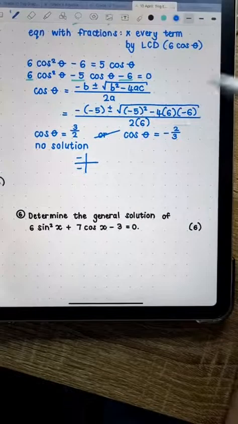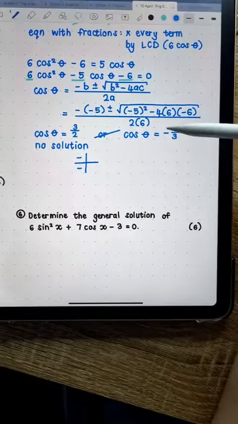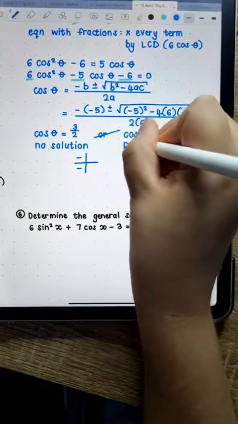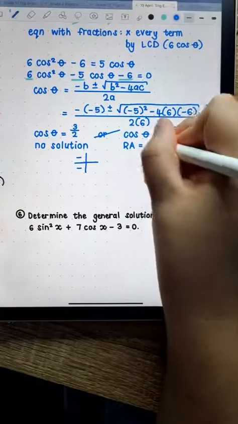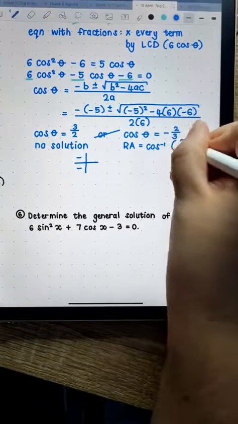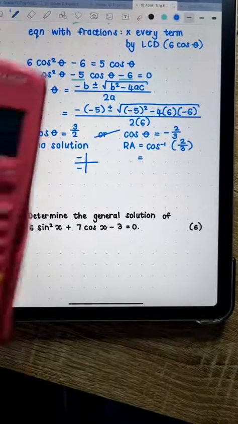Now this one, guys, we haven't had one where we have a negative value yet. When you are finding your reference angle, you are not going to type in that negative value. You are actually going to do shift cos of positive 2 over 3. I don't know if your teachers have taught you like this, but this is how I always do it.